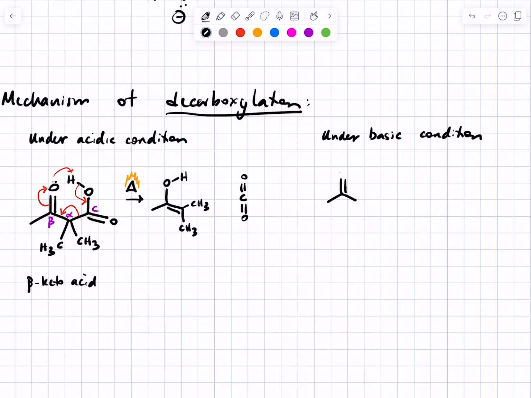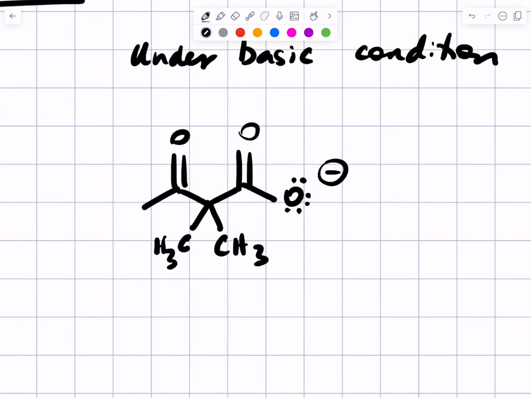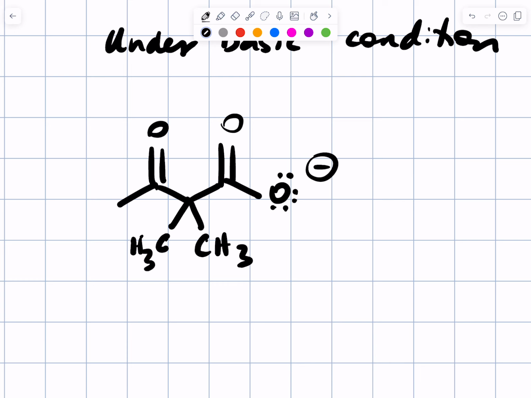So under basic conditions, the carboxylic acid would be deprotonated. It would exist in its carboxylate form. And by basic conditions, we're really just talking about conditions where pH is greater than around 5. Now, if we look at that, I'm going to argue that the negatively charged oxygen is a kicker-offer, much the same as we've seen before in a tetrahedral intermediate, which is why I'm going to color it pink.